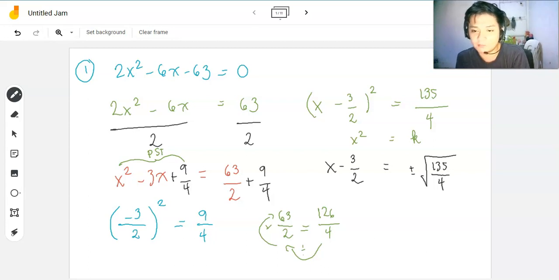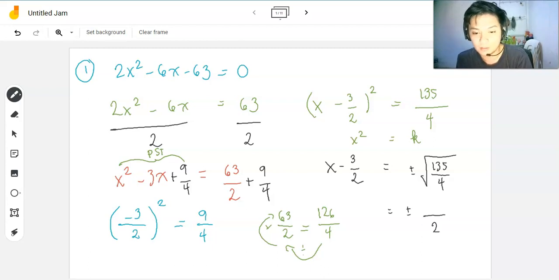Okay, so we have to simplify this radical here. Yung square root ng 4, madali yung isipin, di ba? That's just 2. So, ibig sabihin, this will be equal to positive or negative something over 2. Ano naman ang square root ng 135? Meron ba siyang perfect square factor bukod sa 1? Yes, meron. That is 9.